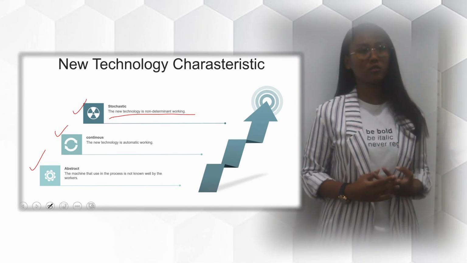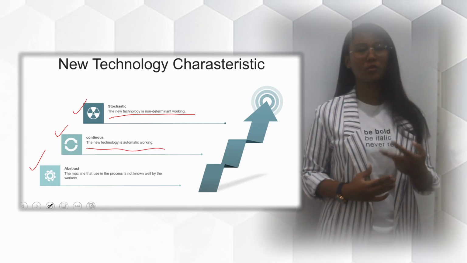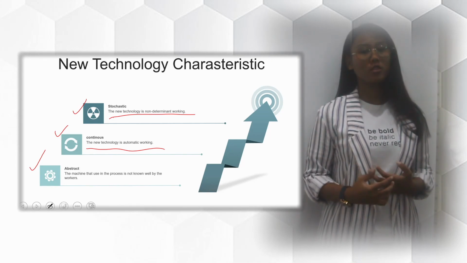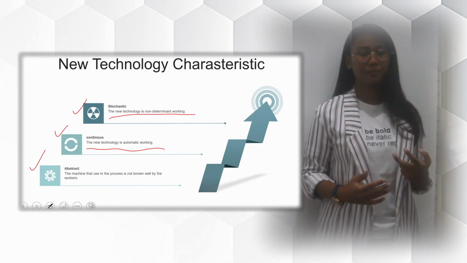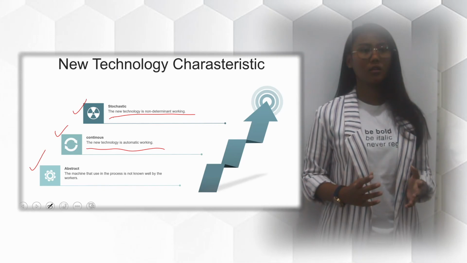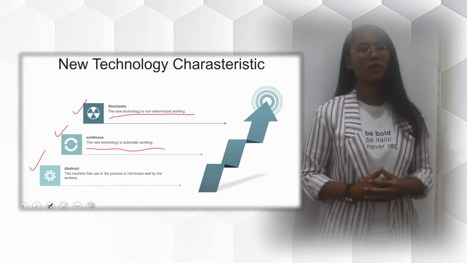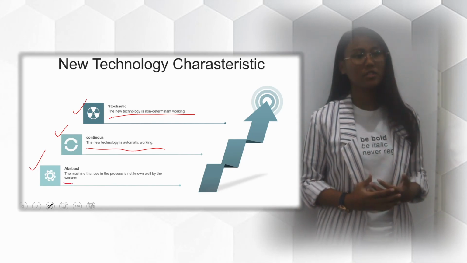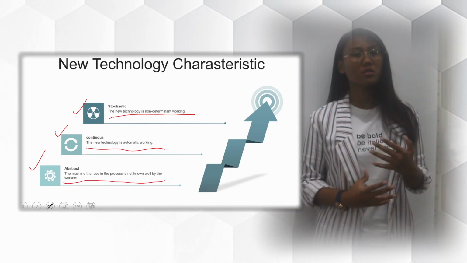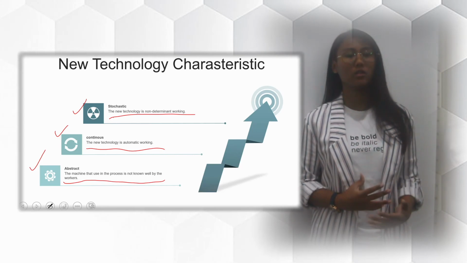The second is continuous, meaning the new technology works automatically, so the worker just watches and controls the machine that can organize things automatically. The third is abstract, meaning the machine used in the process is not known well by the workers.